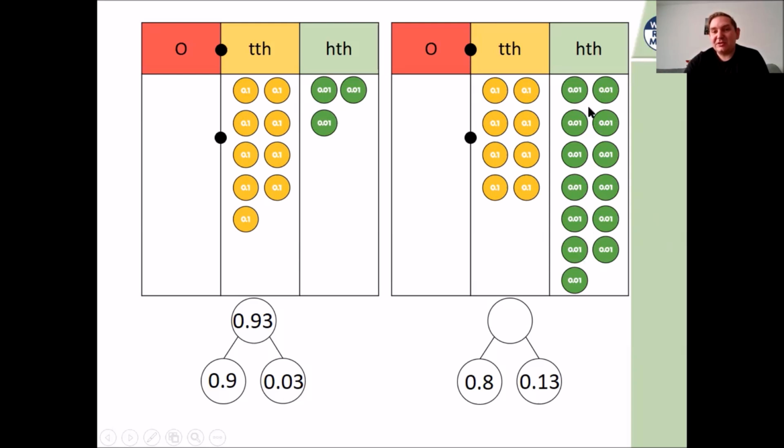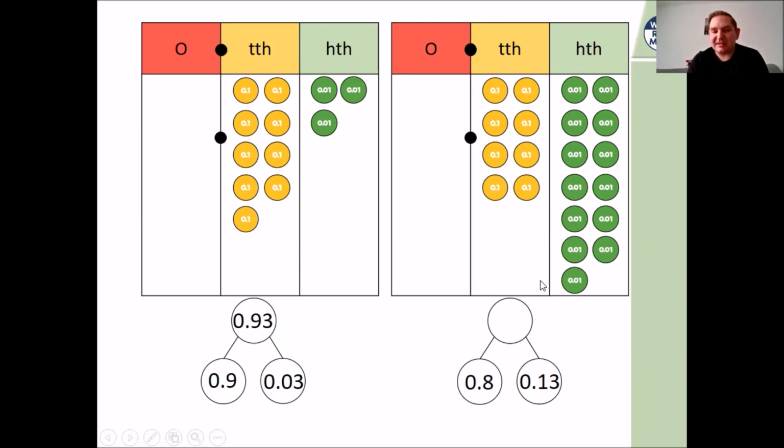So we can take 1, 2, 3, 4, 5, 6, 7, 8, 9, 10 of them, and those 10 will need to be transferred into the tenths column because 10 lots of hundredths make 1/10, which means we now have 9 in this column, and it would leave us with 3 left over. So we have 0.13 as we have moved 10 lots of these hundredths into our tenths column.